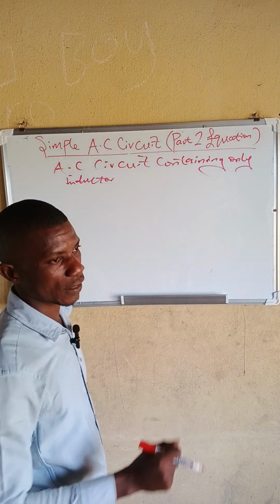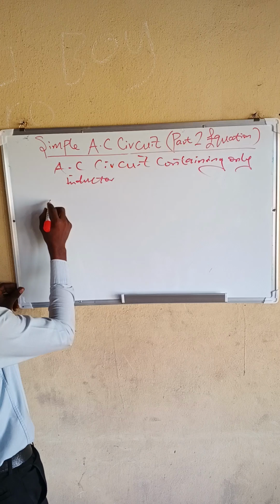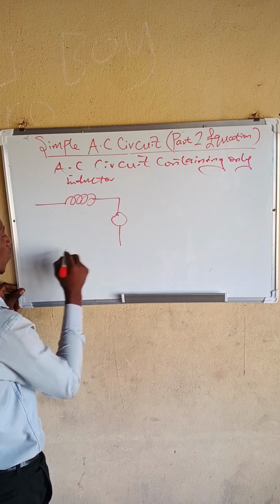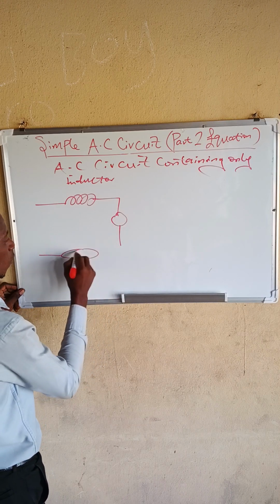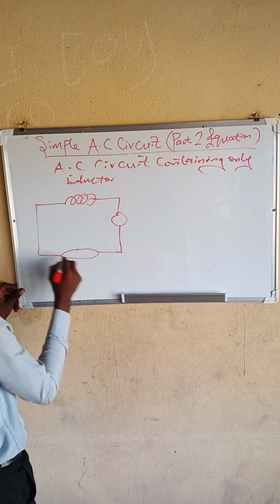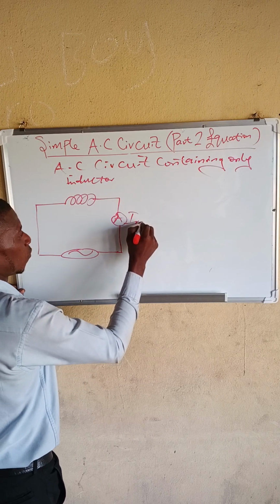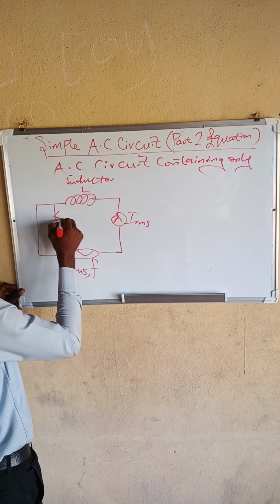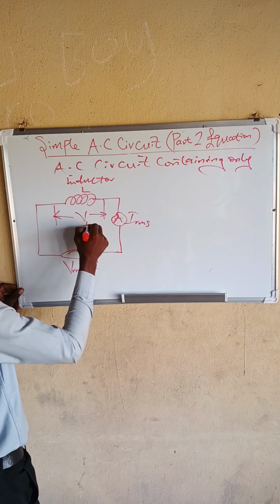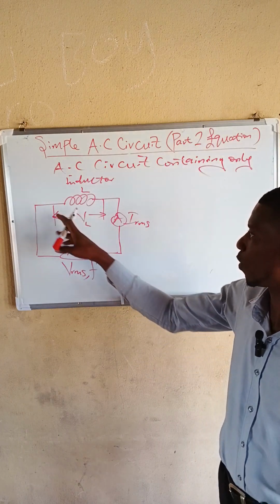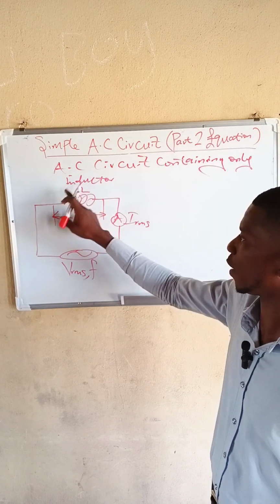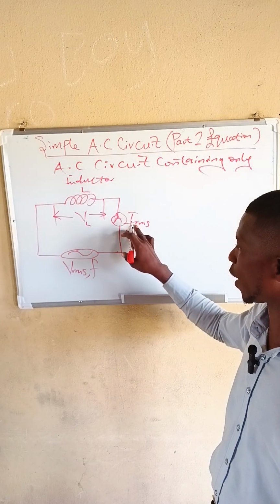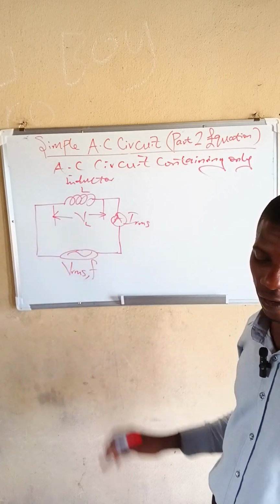A case where we have AC circuit containing only inductor, that is, so this is an AC circuit containing only inductor. So this is the inductor here. And this is the source voltage. And this is the current, this is the frequency. And this is a symbol for AC.